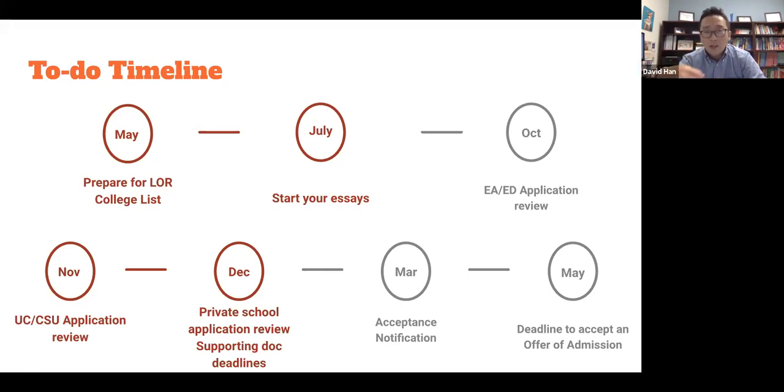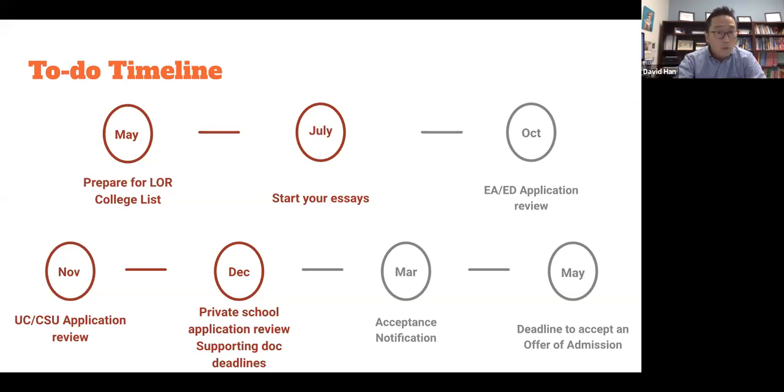Most likely, you're going to be revising your essays in the month of August and September, right? But you could start writing your essays as early as June to July. In the college application package that I offer, I actually start working with students in July. I get the ball rolling in July.